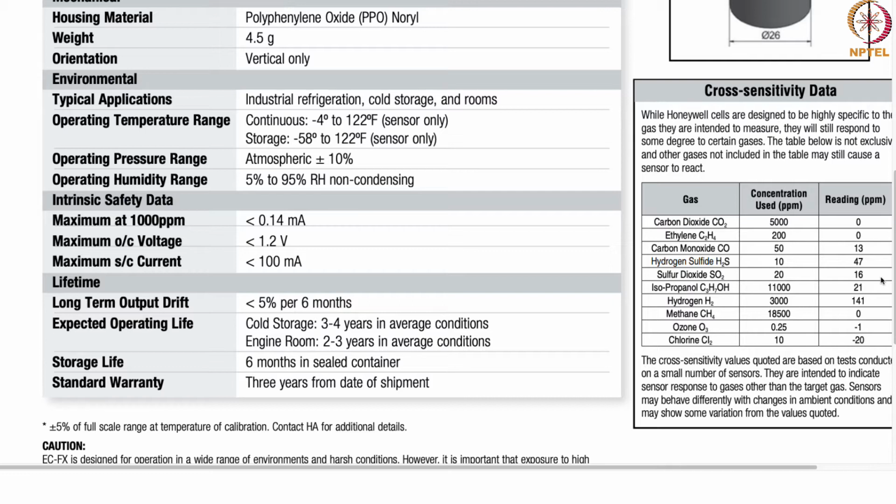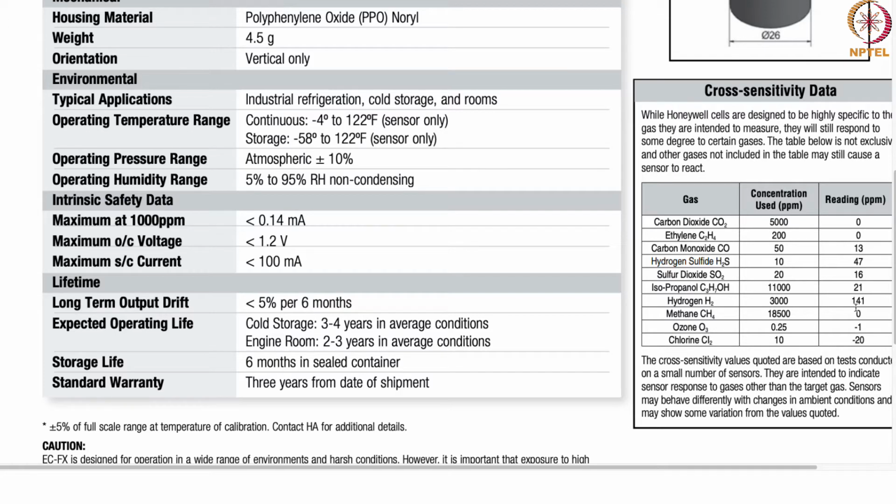So this is the specification with respect to that, and what we see is that hydrogen can cause the largest uncertainty in your reading.